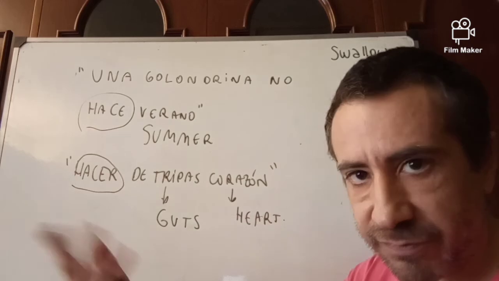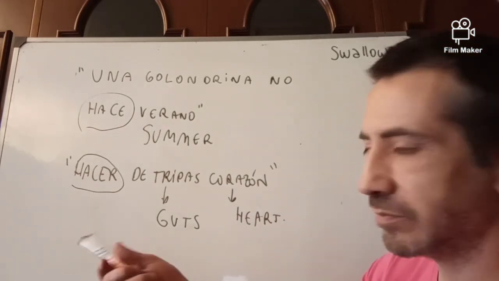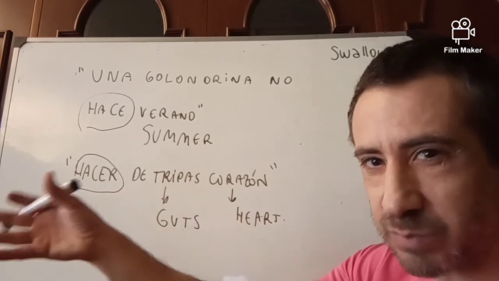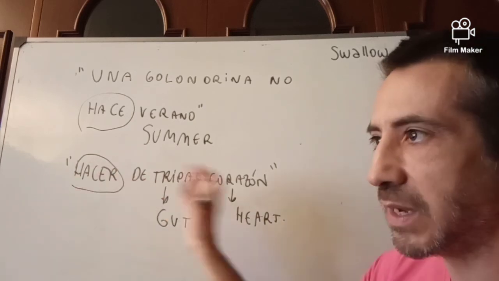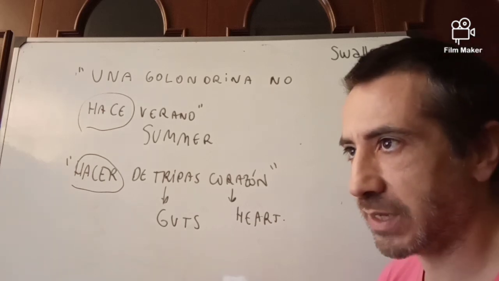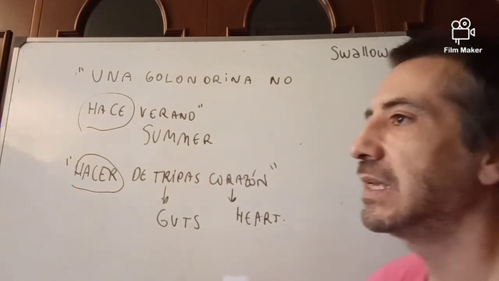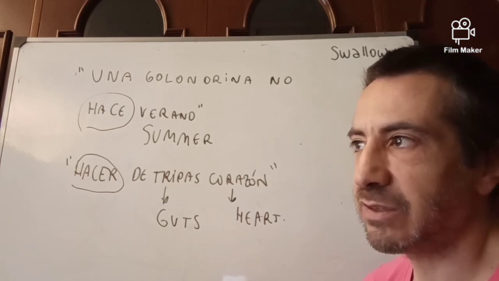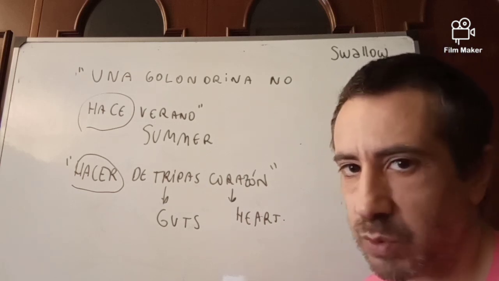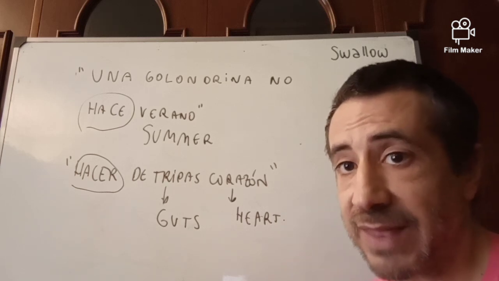And another friend of mine said to me, "Well, Sergio, haz de tripas corazón," in the imperative mood, or hay que hacer de tripas corazón. We must hacer de tripas corazón, meaning forgive him. It was not something important at all. Your friendship is more important than that.